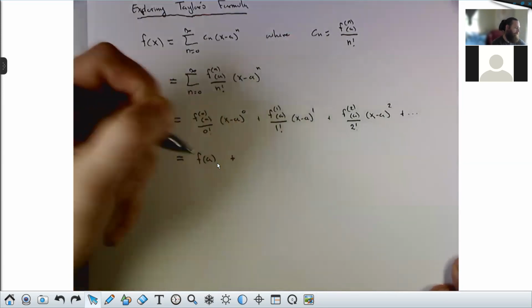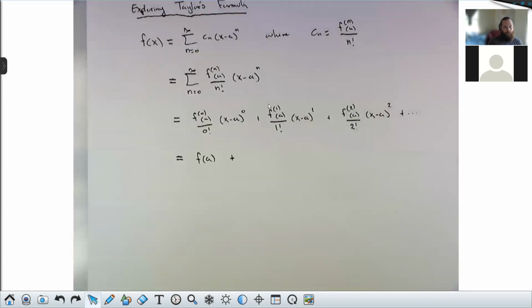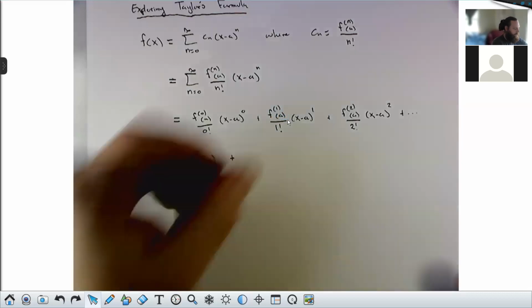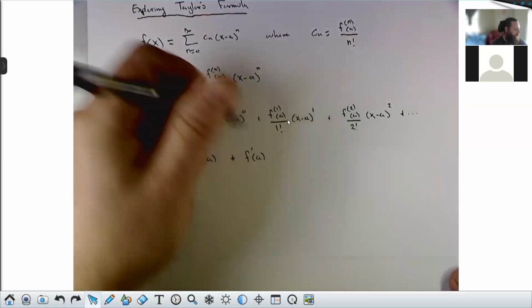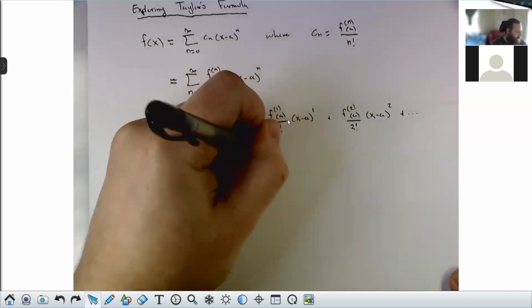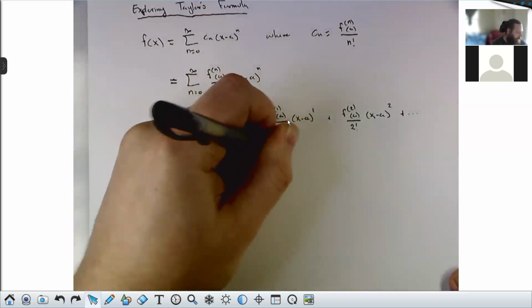Plus. What is this? f superscript 1 of a. How many times have I differentiated? Once. So f^(1) is f prime. So this piece is f prime of a. 1 factorial is 1. So this is f prime of a times (x minus a) to the 1, which is just x minus a.